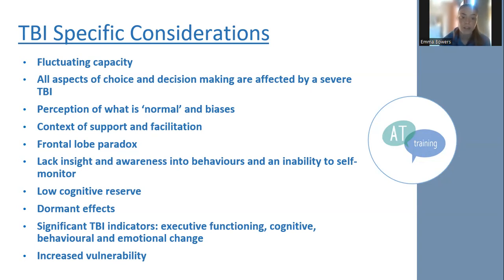Frontal lobe paradox. So that is where the ability to explain what someone might do in a given situation is maintained, but then their ability to act in line with that is impaired, which also then makes doing capacity assessments or any assessment or any task incredibly difficult, because you can get some of the most beautiful answers, but then you may get an incident report which shows that although somebody has explained exactly what they would do in a given situation, how they'd mitigate the risks, their ability to do that in real life is nowhere near in line with what they said they're going to do.